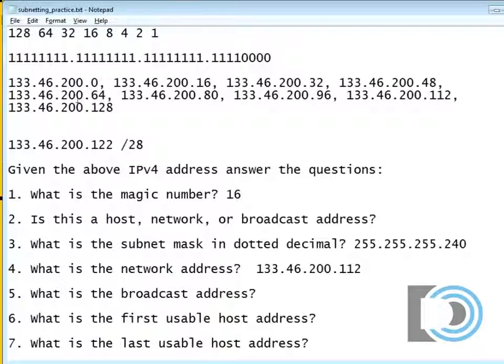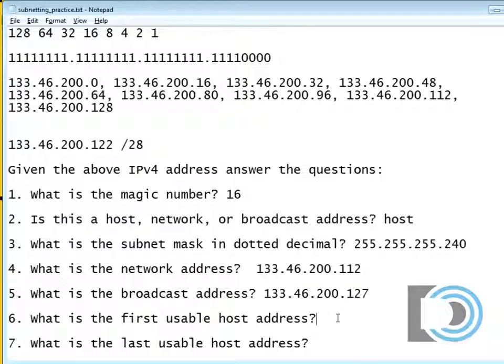Okay? So if I know the network address, and I know that the next network is at 128, then I know the broadcast address. And the broadcast address is 127. And since 122 is not 112 and not 127, then I know that this is a host address. It's a valid host address.